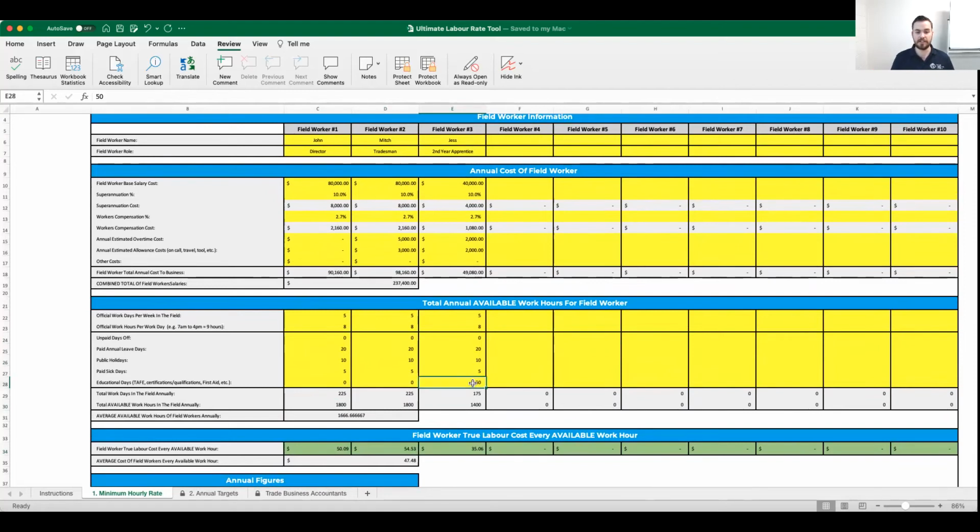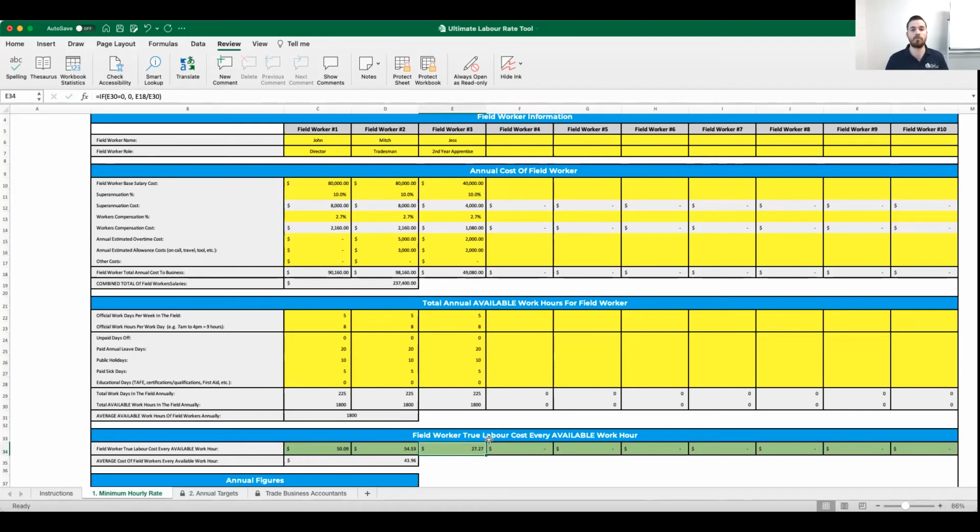Now, I just want to show this example. If we made the mistake of not factoring in the TAFE side of things, and we forgot about that, which we see a lot, you can see here that's gone from 1,400 hours to 1,800 hours, and we've reduced the cost from $35 an hour to $27 an hour. So as a baseline, we're losing $8 per available hour from our apprentice, or Jess in this case.